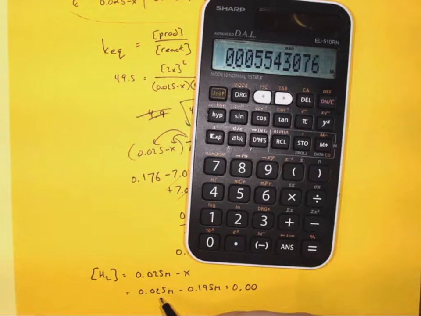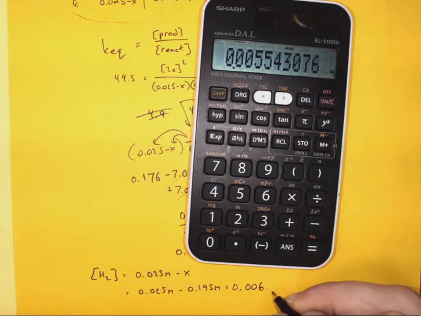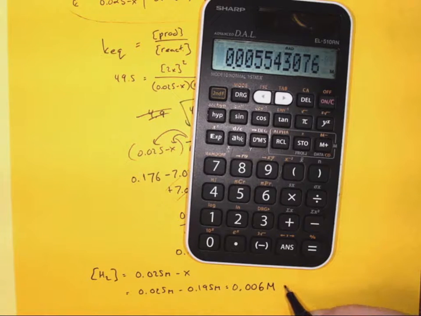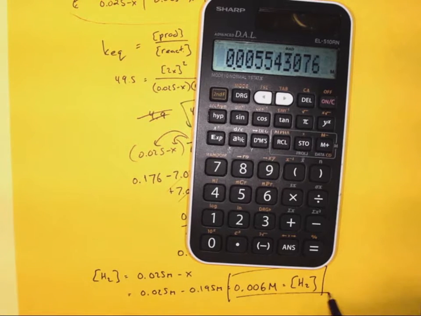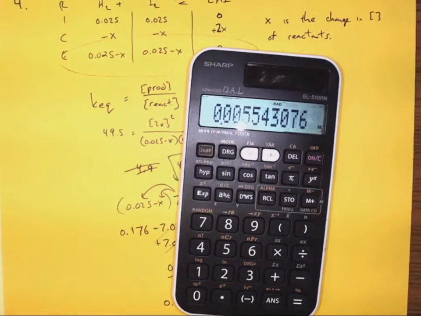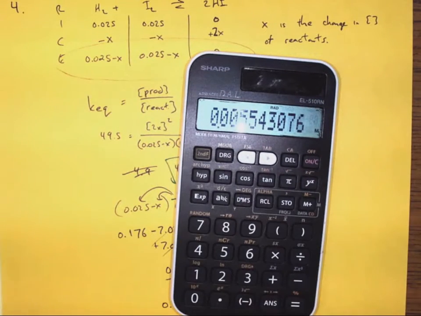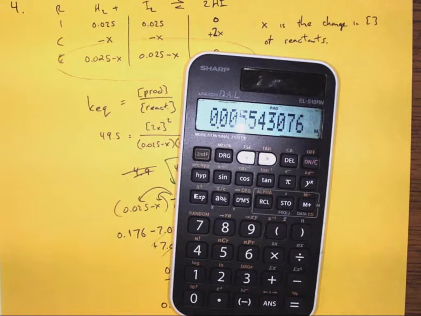I should really use my sig figs here, and notice I only had 3 decimals. I'm doing subtraction, so I'm going to call it 0.006 molar. And that's equal to my concentration of H2. All right, my iodine concentration has got to be the same, right? I don't have to do that calculation, so I'll just add that here as well, for the same reason.